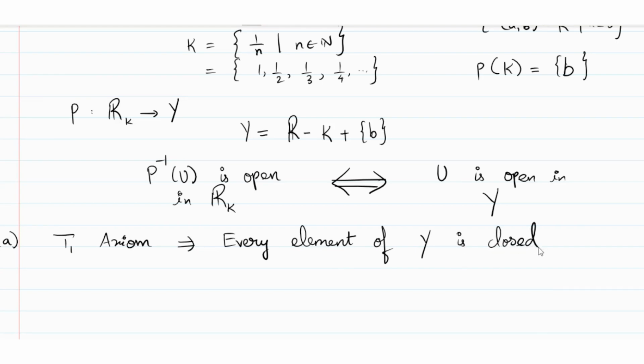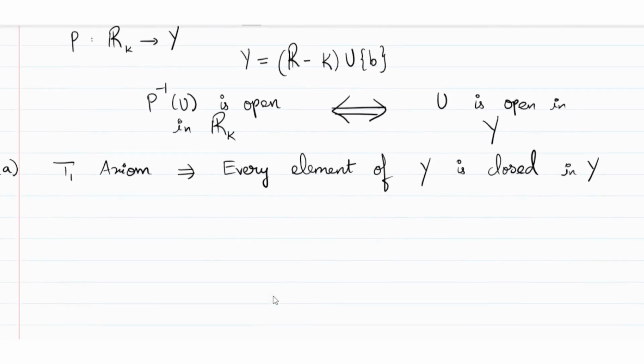That's what I'm going to prove now. I know the elements of Y are R minus K union b. Every element of Y is closed in Y. So how will I prove this?